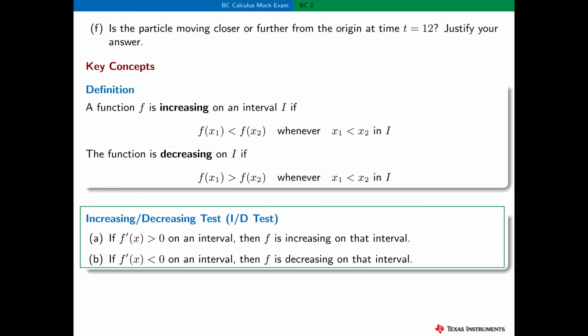Note that in this definition that many of us use, the concept of increasing or decreasing is defined on an interval. However, it is common in real-world applications and on the AP Calculus exam, especially in contextual problems, to ask about increasing or decreasing at a specific value. Now, in my opinion, in order to answer these questions, we simply use the ID test, but at a value, not over an interval.